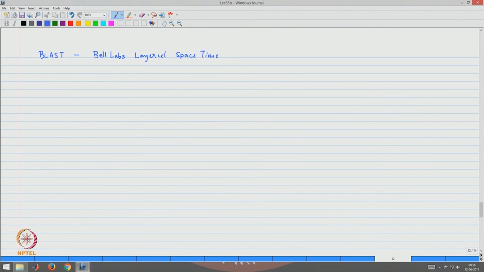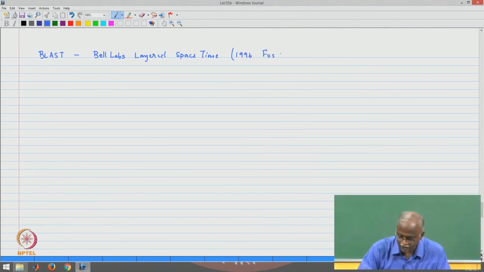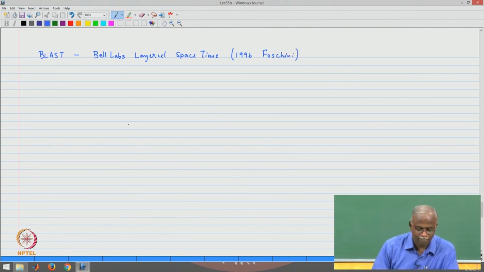This is what BLAST stands for. This was introduced in 1996 by researchers at Bell Labs, several of them. One of the pioneering papers was by Foschini in 1996.